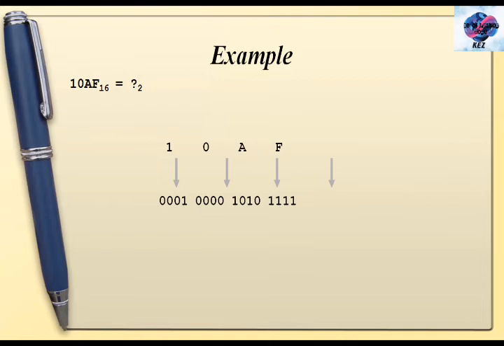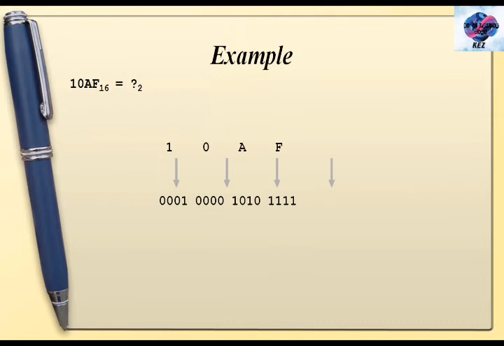You know decimal to binary conversion, so A means 10, convert it: 1010. 0 means all 4 bits are 0. And 1 means 1, but there I have to tell you that it should be 4 digits. Why 4 digits? 2 to the power of 4 means 16. That's why 4 digits.